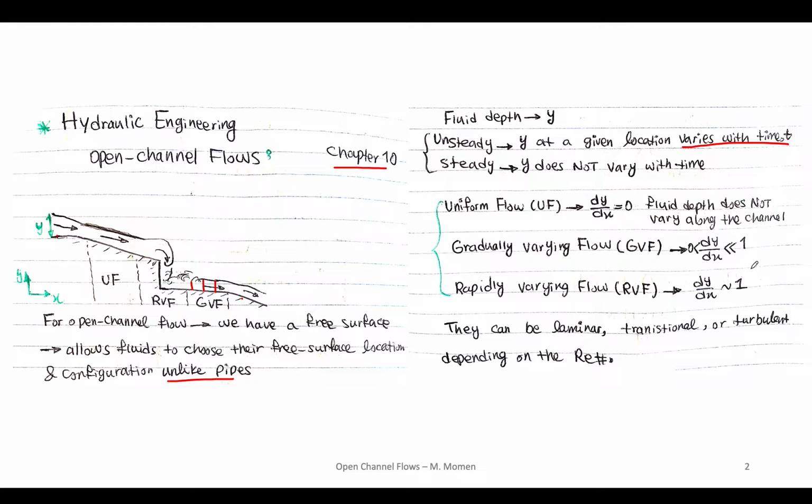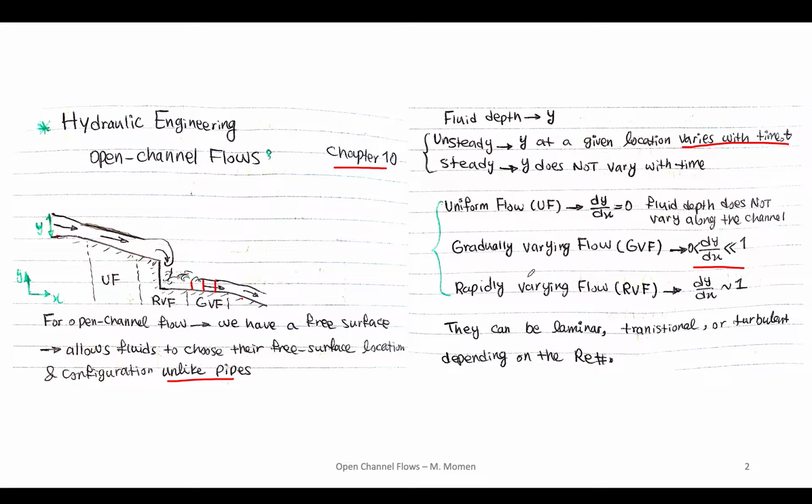It's not equal to 0, but is much smaller than 1. And this means that this flow is varying, but it's varying gradually, very slowly, and also this slope is not very steep. It's not a steep slope.